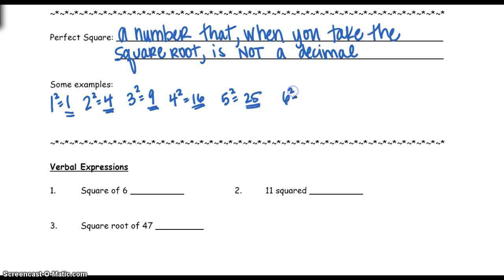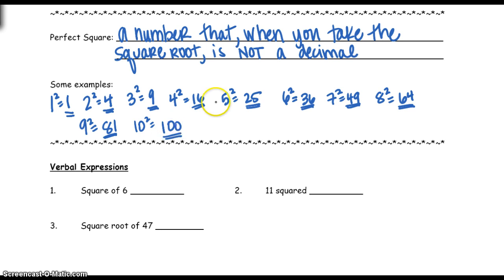And we're going to list all these out because we're going to use them. 6 squared is 36, so 36 is a perfect square. 7 squared is 49, so 49 is a perfect square. 8 squared is 64, so 64 is a perfect square. 9 squared is 81, 81 is a perfect square. 10 squared is 100, so 100 is a perfect square. 11 squared is 121, so 121 is a perfect square. And 12 squared is 144, so 144 is a perfect square.